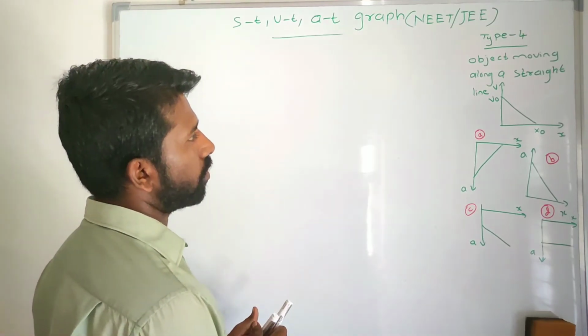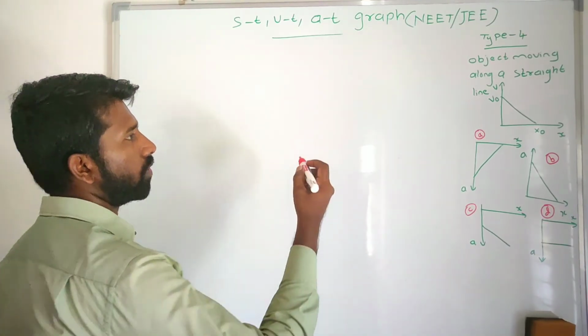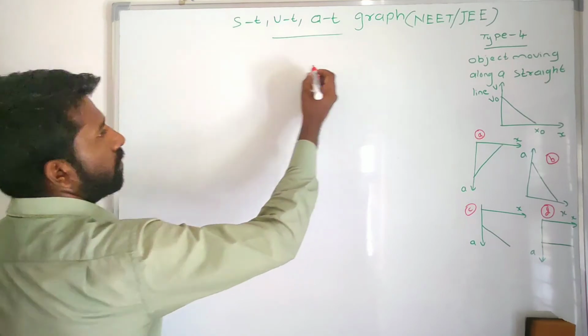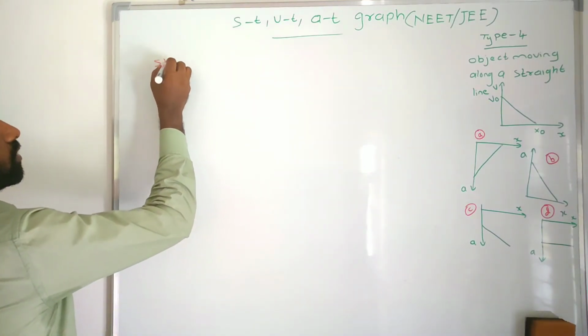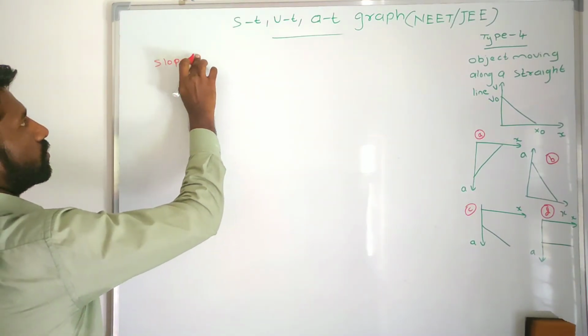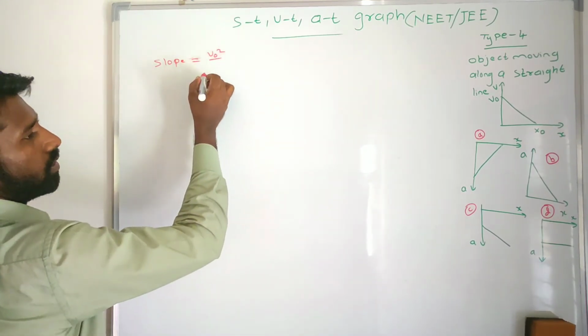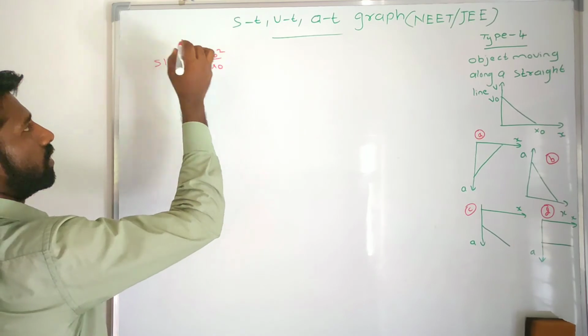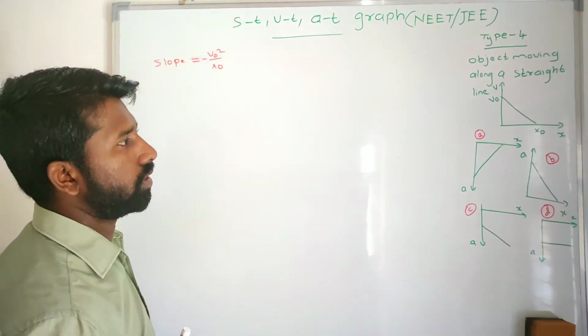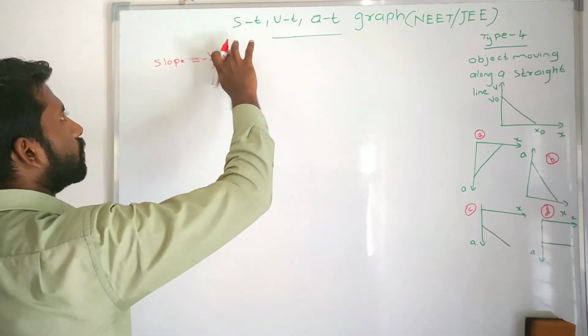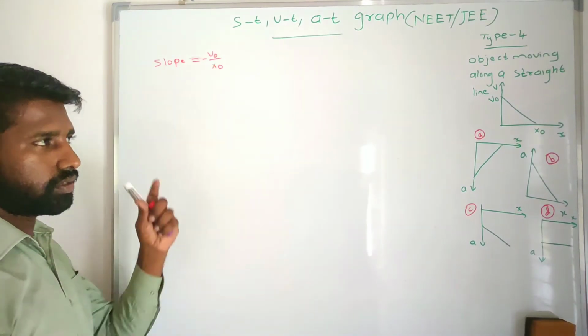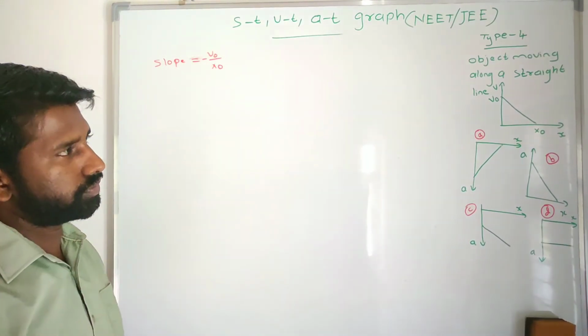So what about the slope of the graph? We'll see the slope of the graph. The slope is equal to minus v0 by x0, because it is a negative slope. This is the slope of the graph. Clear?